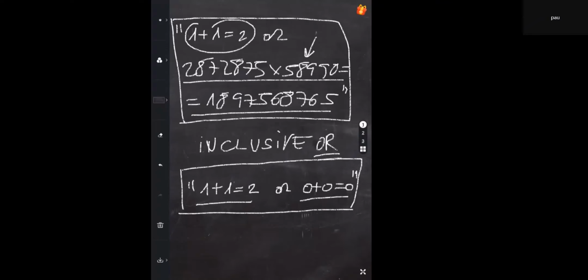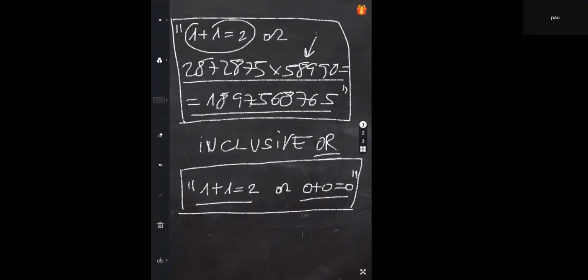So again, unless I say otherwise, this OR is going to be always inclusive. If we really want to use the exclusive OR, I will tell you. Or I will say, look, either X or Y is true, but not both.